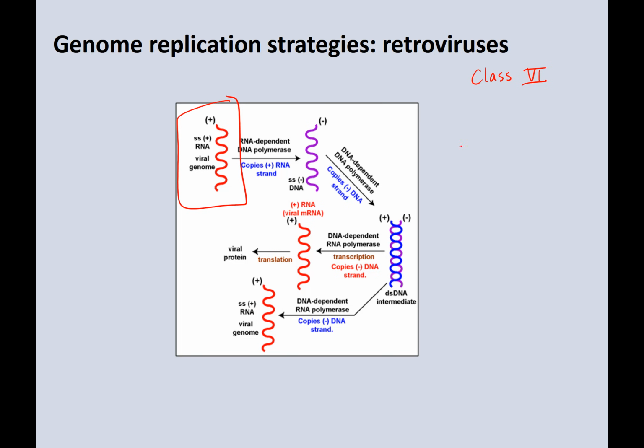And so this virus is going to take the positive stranded, single-stranded RNA, and copy it to single-stranded DNA, which is then going to be copied to double-stranded DNA. And this is done by that enzyme reverse transcriptase. What happens, which is unique with retroviruses, is this double-stranded DNA can integrate into the host chromosome.